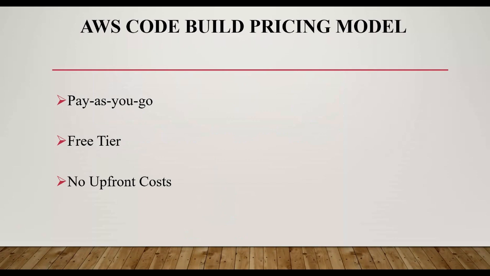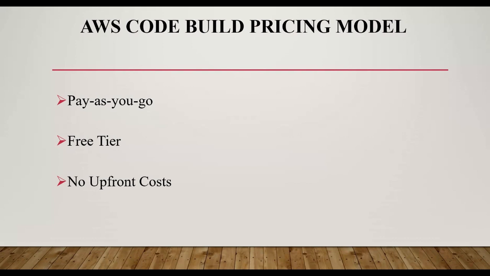The next is AWS Code Build pricing model. The pricing model is pay as you go, free tier, no upfront cost. Free tier means AWS Code Build provides some free usage, so we can use it for up to one year for some hours.